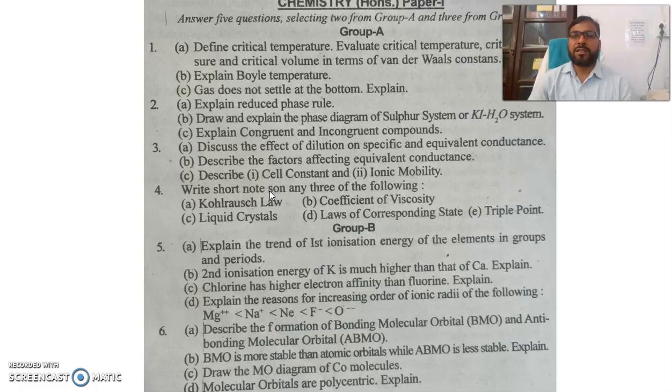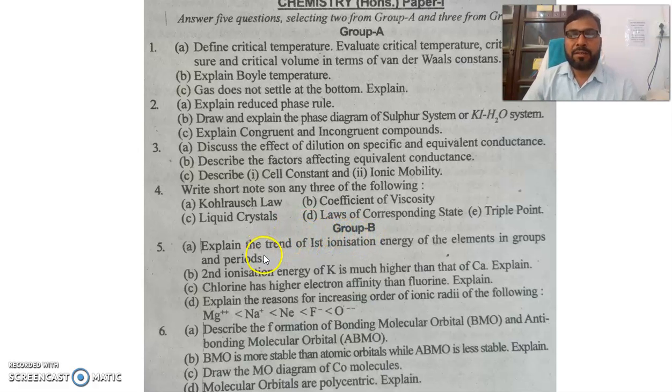I always suggest you read your question paper very carefully and find out printing mistakes. Here, notes on any three of the following: Poiseuille's law, coefficient of viscosity, liquid crystals, law of corresponding states, triple point.